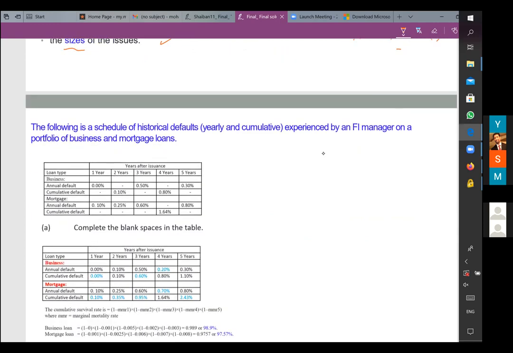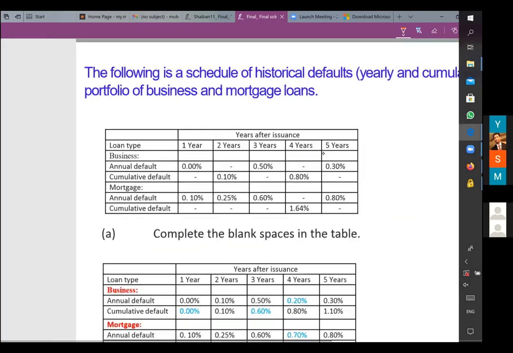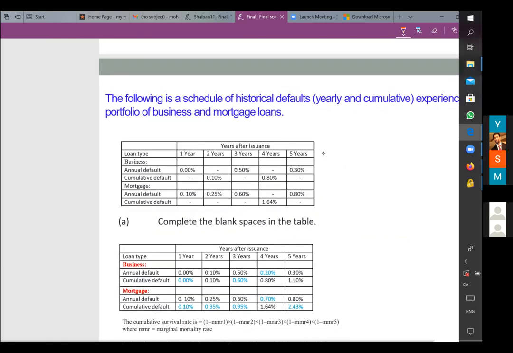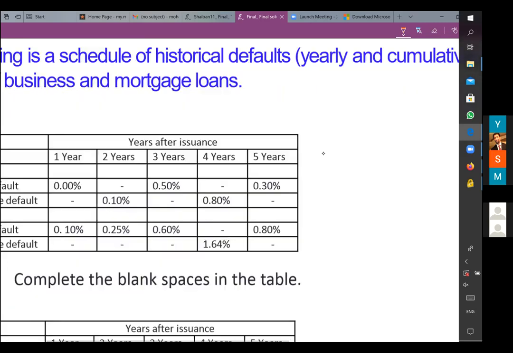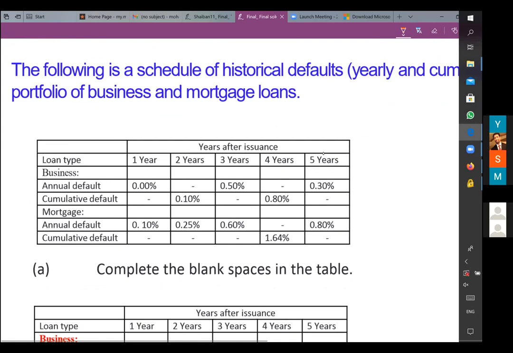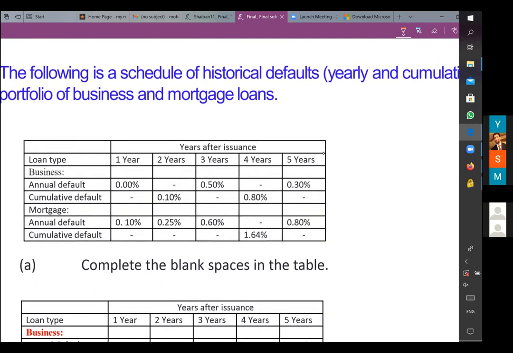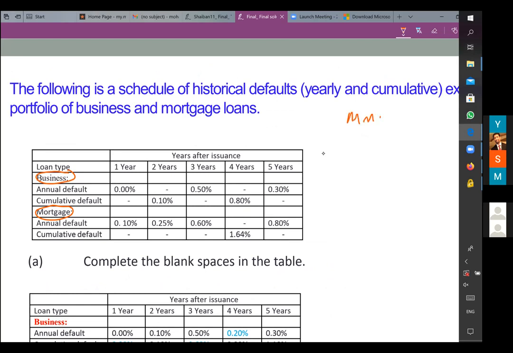This is a good practice, and I think it's very interesting. Look, I gave you these numbers in the test and the workshop. We have two categories, business loans and mortgage. Coming back to the mortality, we have year one, we have year two.